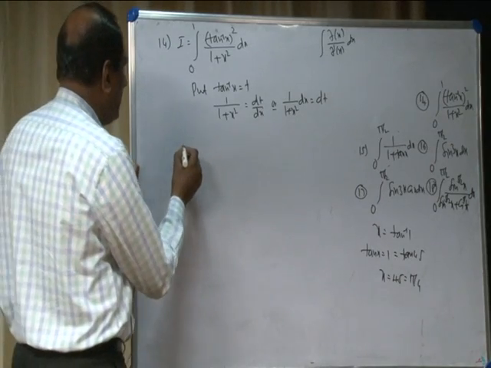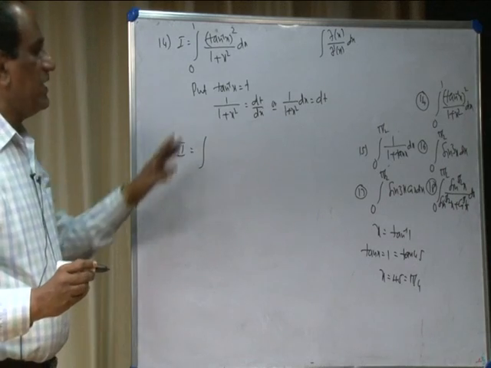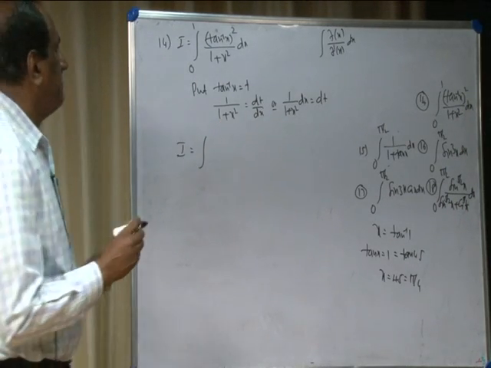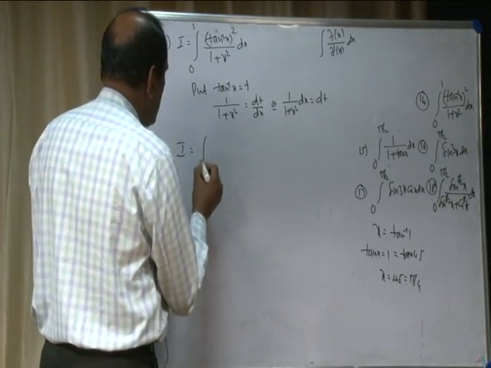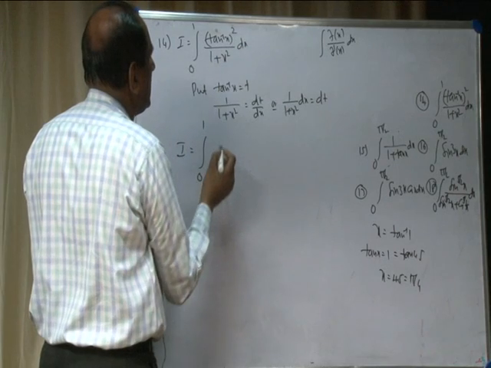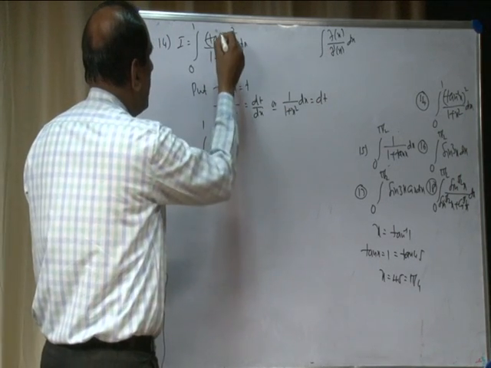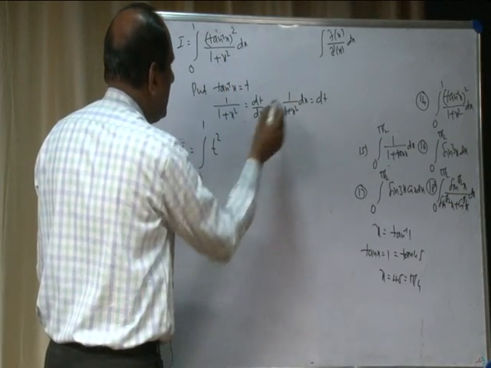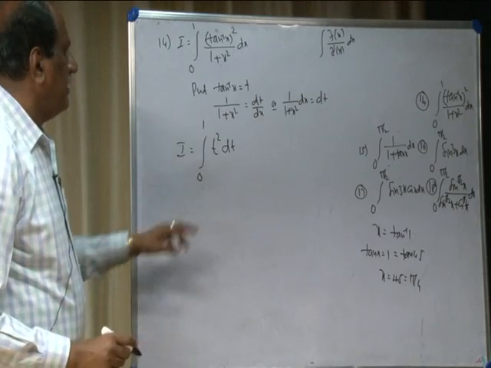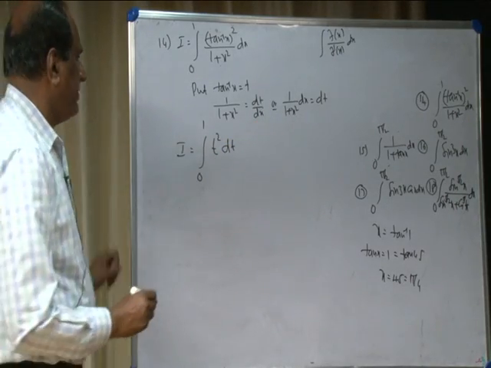Now, the given integral becomes, after changing the variable x to t, that is the change of variable method, 0 to 1, tan inverse x is t, tan inverse x whole square is t square, and 1 by 1 plus x square dx is dt. So this is t square dt.